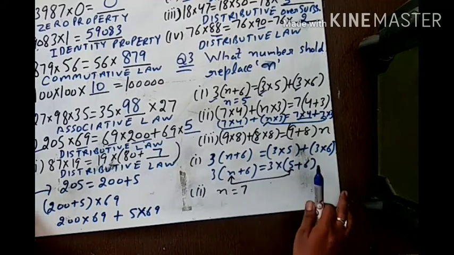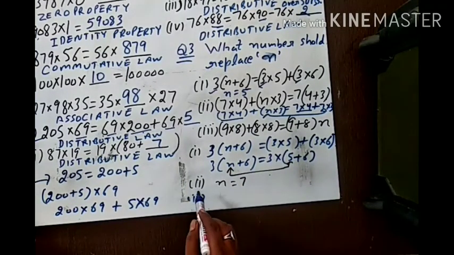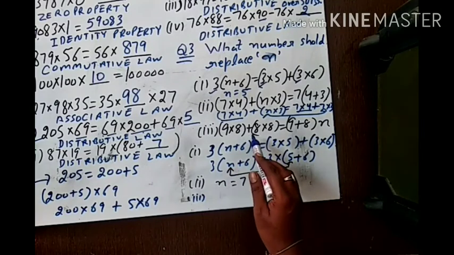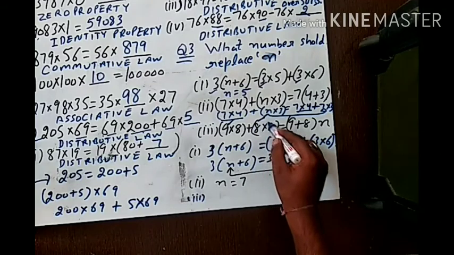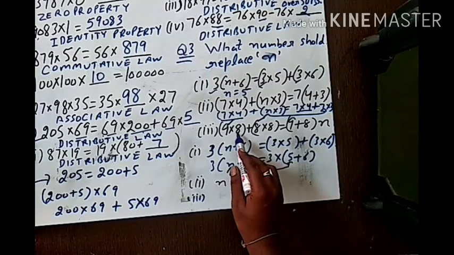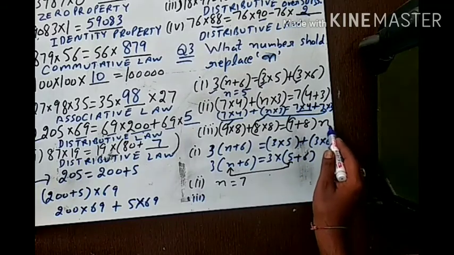Now this question I will do just by observation. The question number third: 9 multiply 8 plus 8 multiply n. Here 9 and 8 are in the bracket as per the distributive property, and both numbers are multiplied with n.